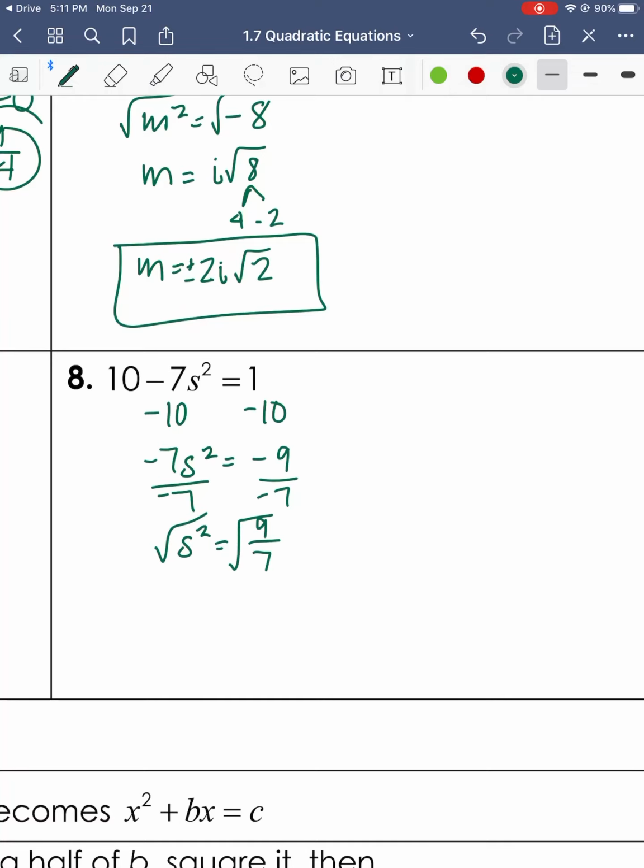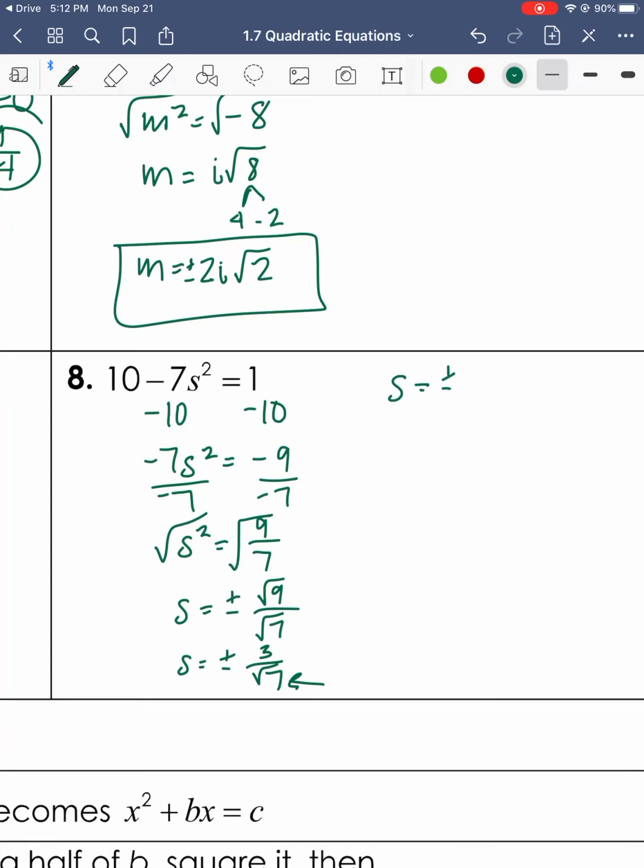Let's take the square root of both sides since we're in the square root section here. We get s is equal to plus or minus the square root of 9 over 7. But let's separate this into the square root of 9 over the square root of 7, which will give us s is equal to plus or minus 3 over root 7. And then, because we cannot leave a radical in our denominator here, let me rewrite this.